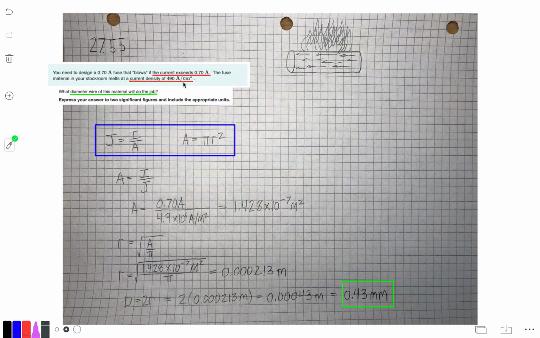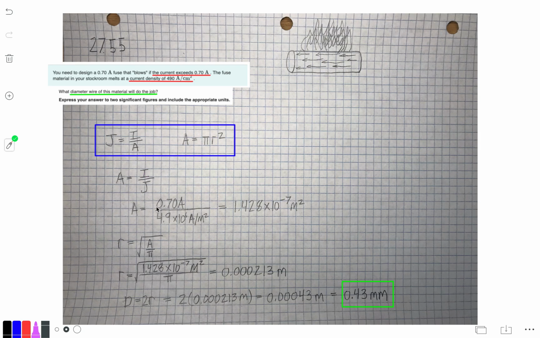So one of the things that we're going to need to do at some point in the problem is convert this to amperes per meter squared. So just starting off the problem here, we can rearrange for A, which is going to be our cross-sectional area of the wire, by putting our current over our current density.